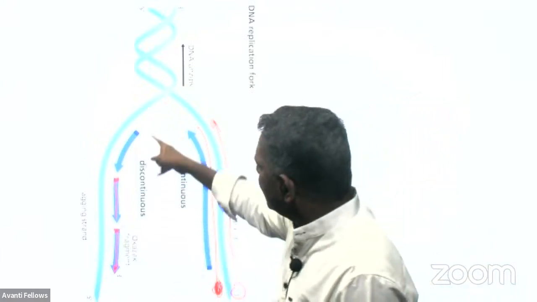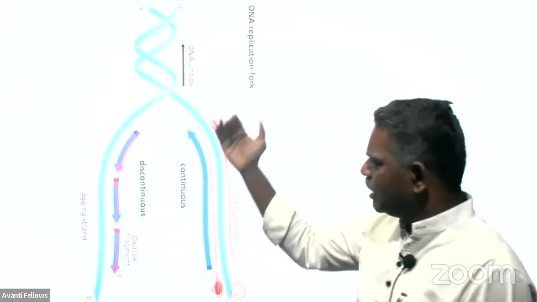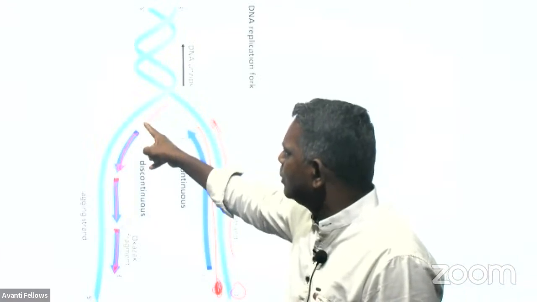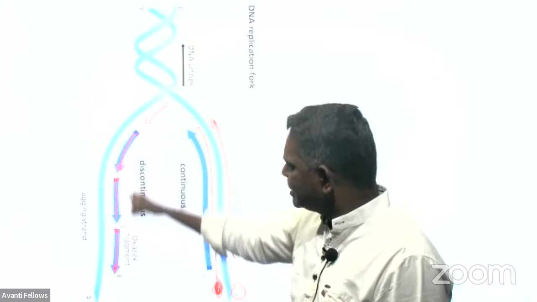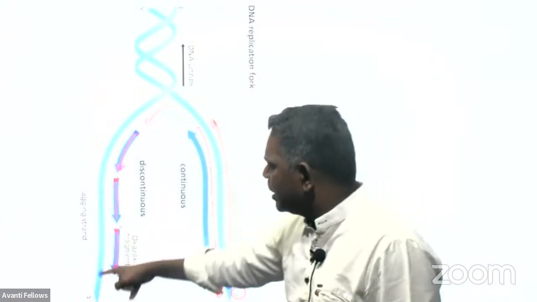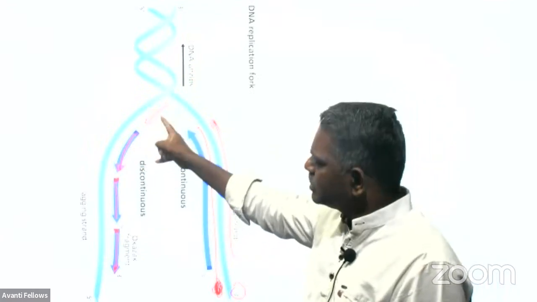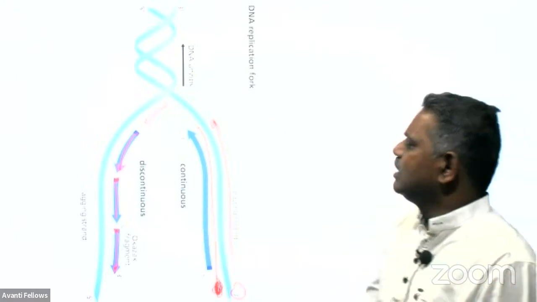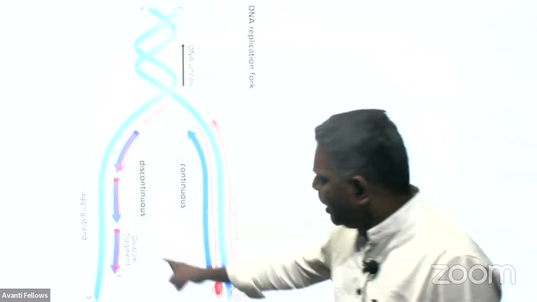So like that, from 5' to 3' direction only this DNA polymerase elongates the new strand of DNA. So it is not possible to produce a continuous strand on this side, because here the master strand is 5' to 3' only. So the newly constructed strand should be from 3' 5'. So it is produced on this side in the form of a discontinuous strand only.